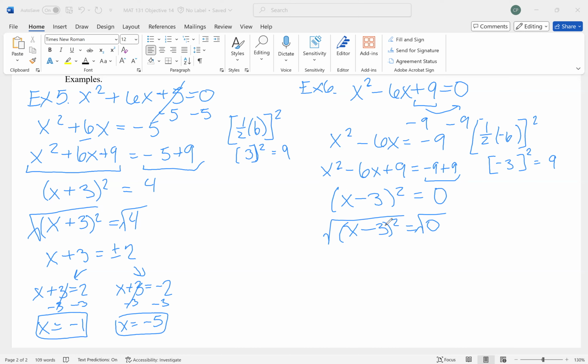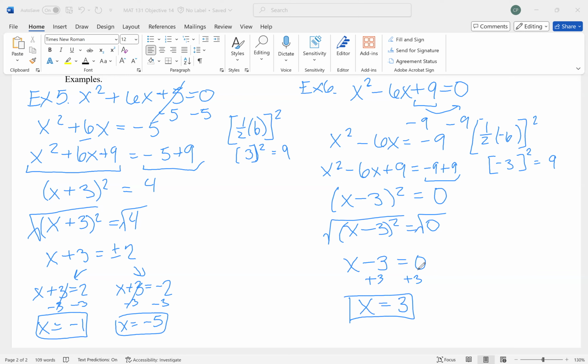When we take the square root of x minus 3 squared, we take that x minus 3 out, and the square root of 0 is just 0. We add 3 to both sides, and the solution is just going to be x equals 3.